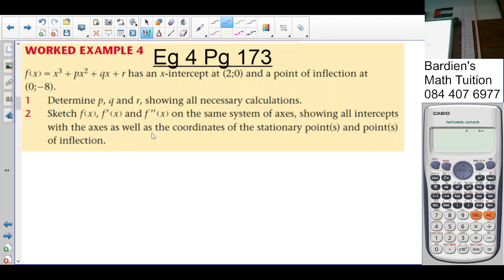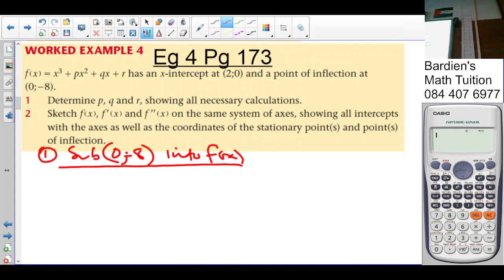So where do we start? We know the graph is going through (0; -8). So you substitute 0 and -8 into f of x. We have -8 equals 0 cubed plus p times 0 squared plus q times 0 plus r.